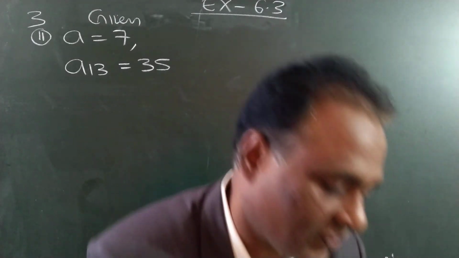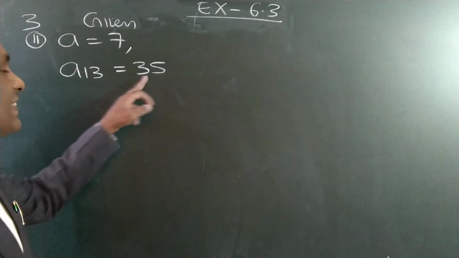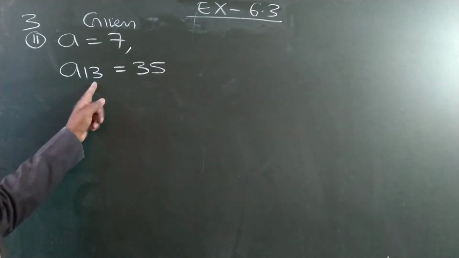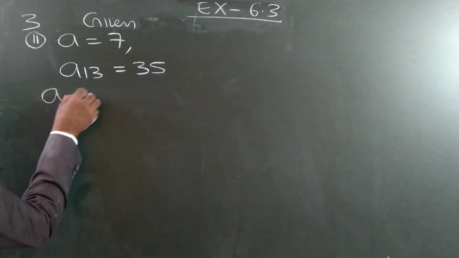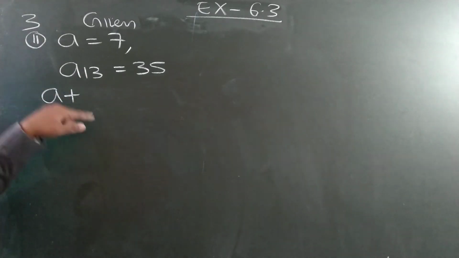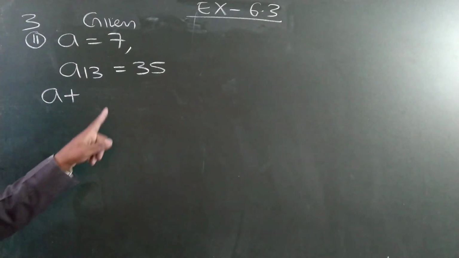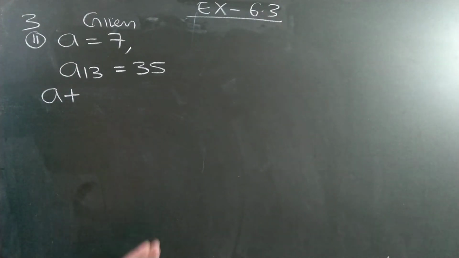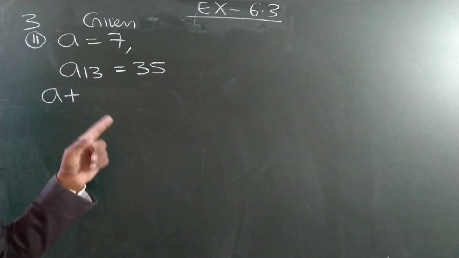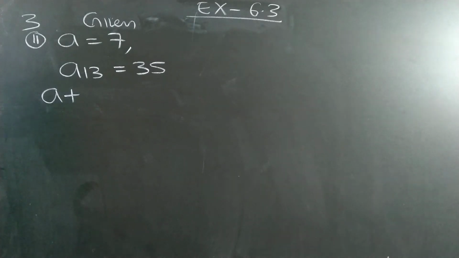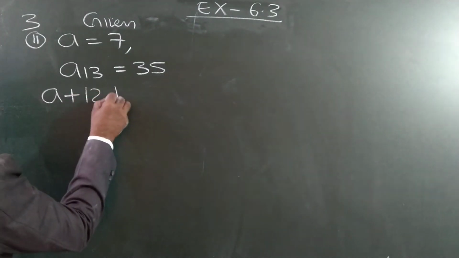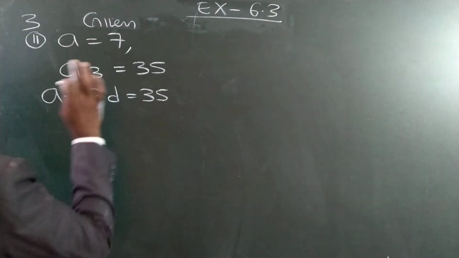Students, what is the a13 formula? Nth term formula only. What is nth term formula? a plus n minus 1, 13 minus 1 into d. But many times I told, we can write it directly. If it is 13 minus 1 into d, 12d, directly we can write. This is also formula type only.